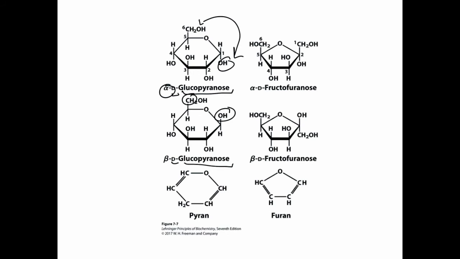And then if we had fructose and it's cyclized, it would become fructofuranose because it forms a 5-membered ring. And you can have both the alpha and the beta forms that differ in whether the OH is up or down. So here the OH is down, which is opposite the CH2OH group, so that's called the alpha anomer, and then this would be the beta anomer. So this is the anomeric carbon.